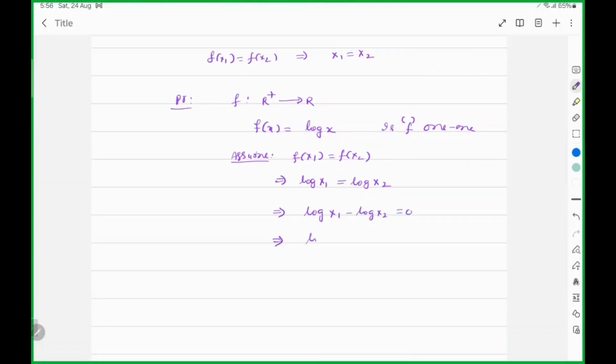Here we can write 0 as log 1, so log x1 by x2 is log 1, so x1 by x2 is 1.